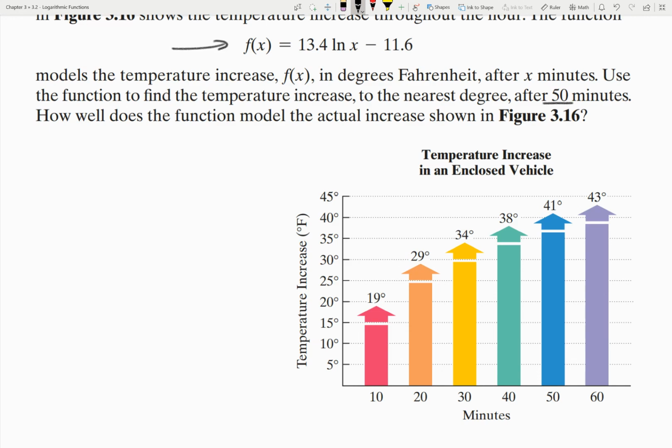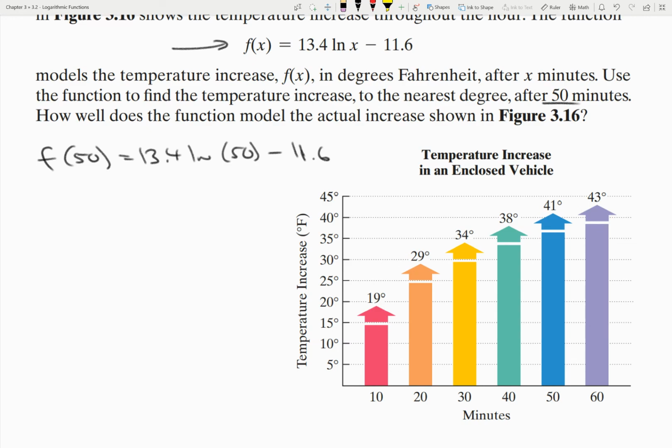So if you want to know how hot this gets after 50 minutes, we can find f of 50, 13.4 natural log of 50 minus 11.6. Just be careful. This is not in parentheses. So you do the natural log first, then the multiplication, then the subtraction.